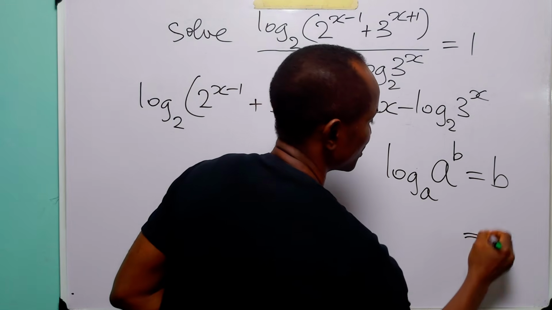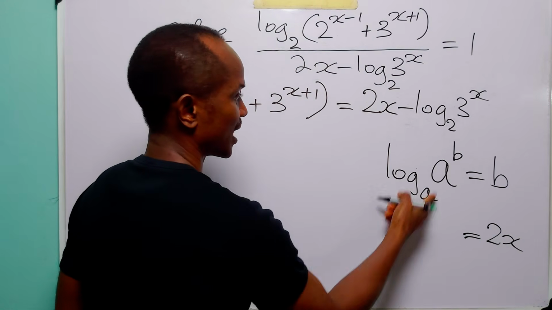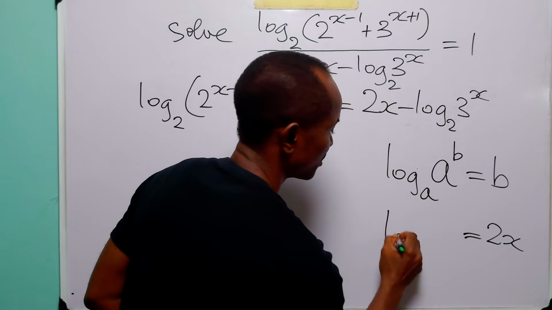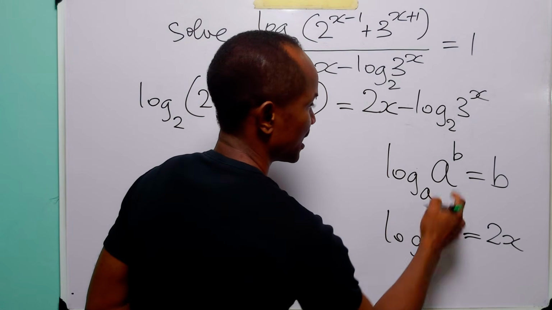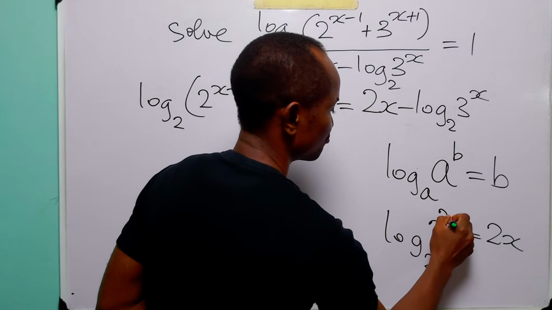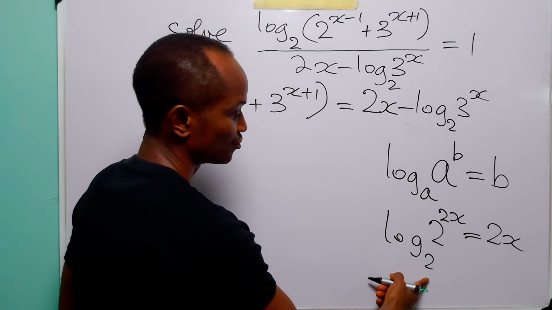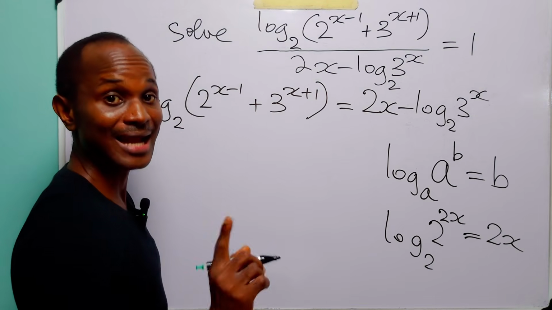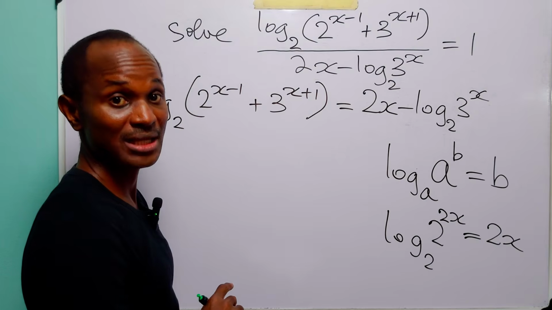So if b is equal to 2x, and we are already working in base 2, a is equal to 2. So we have that log to base 2 of 2 to the power 2x is equal to 2x. And actually, this is the key to solving this logarithmic equation.